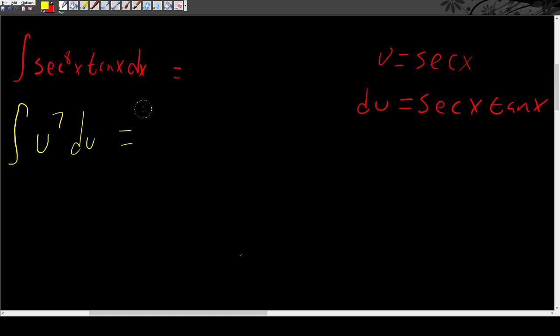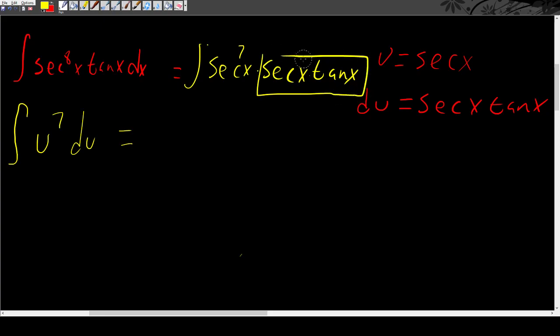Just take it out, make it secant x to the 7th times secant x tangent x. You should be able to see this is a derivative, this is a du, and that this is a u to the 7th, essentially. So that's what I did here.